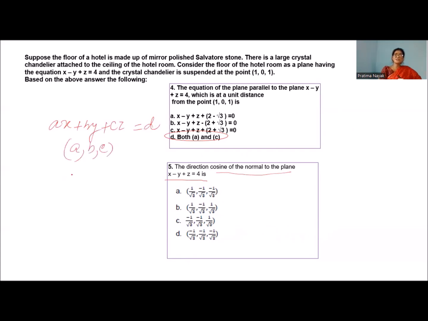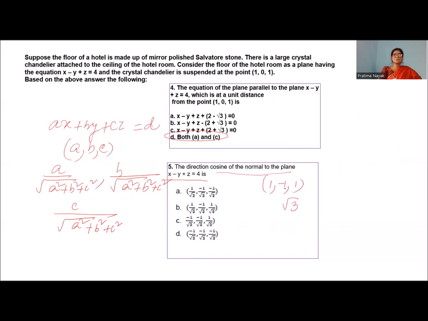Then your direction cosines are a upon under root of a square plus b square plus c square, b upon under root of a square plus b square plus c square, and c upon under root of a square plus b square plus c square. So here a, b, c are 1, minus 1, 1. So the magnitude is root 3, from 1 square plus 1 square plus 1 square. So the answer will be 1 upon root 3, minus 1 upon root 3, 1 upon root 3.